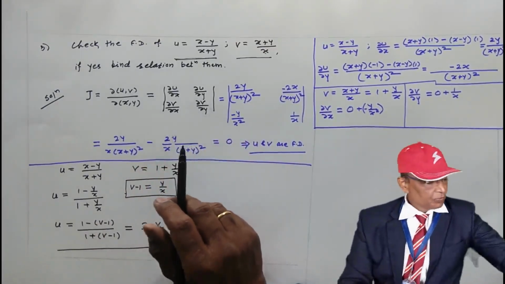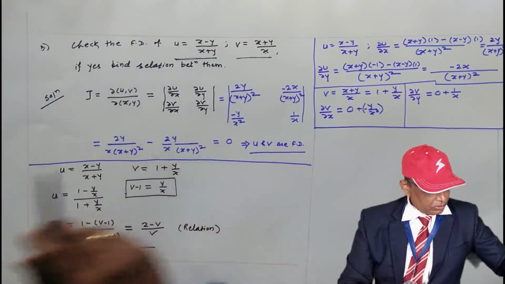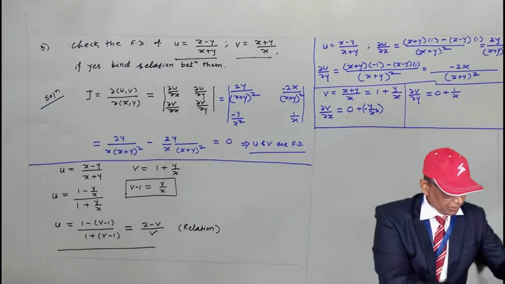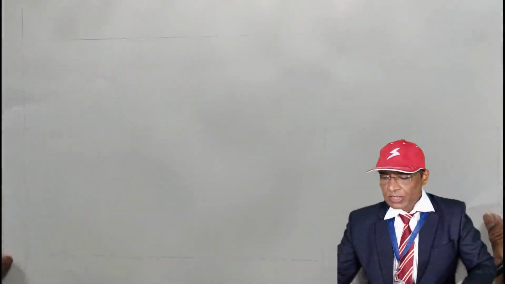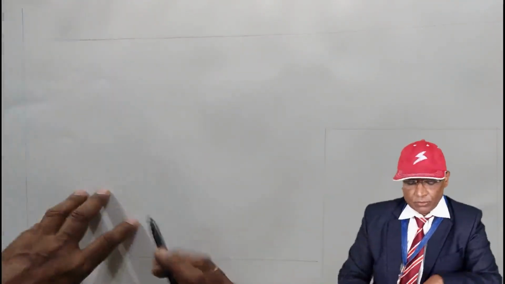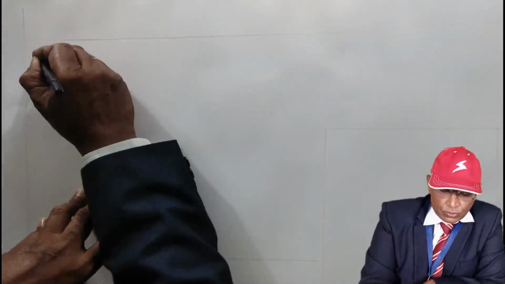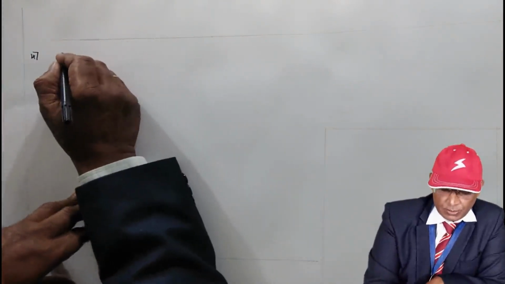Now very quickly, we are going to solve the same problem, but I am going to take 3 variables. Here we checked the functional dependence for 2 variables only. Now we are going to find functional dependence amongst 3 variables.